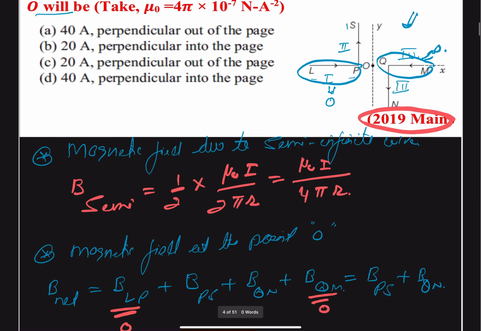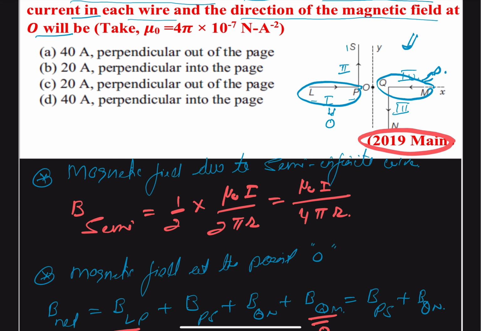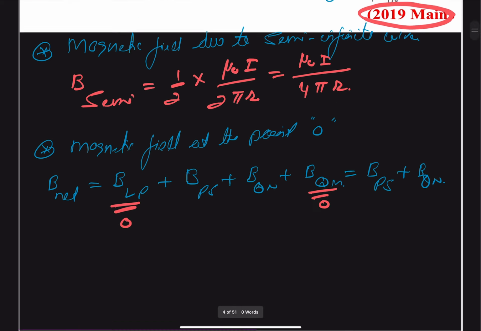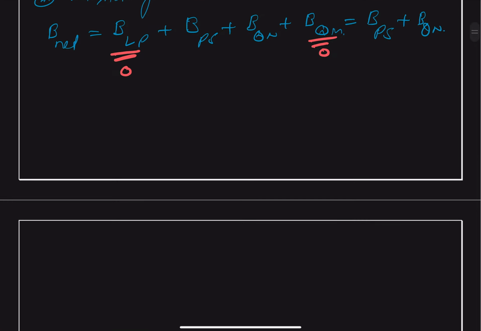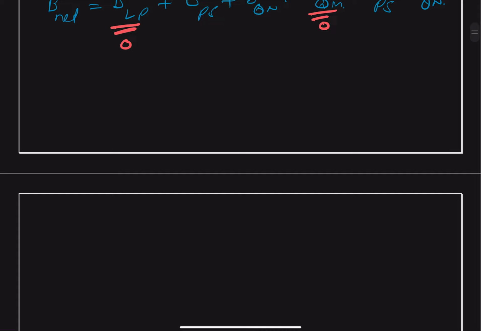In both the wires, the direction of the current is opposite, and because of this, the magnetic field will be in the same direction. Let me draw an approximate figure. So we have one wire, current in this direction, point is here, and another wire, the current is in this direction and point is here.